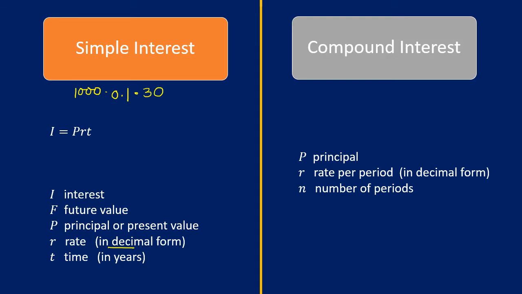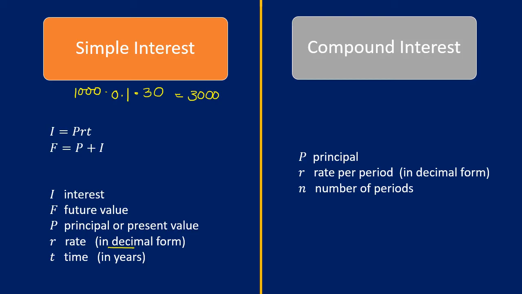So after 30 years, what was our total interest? Our interest was 3,000, right? And what is the future value F? What is the meaning of the future value? That means the money that you have at the end of, in our case, 30 years. How do you get that?